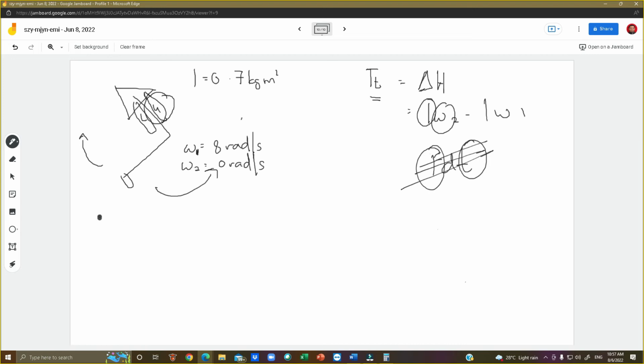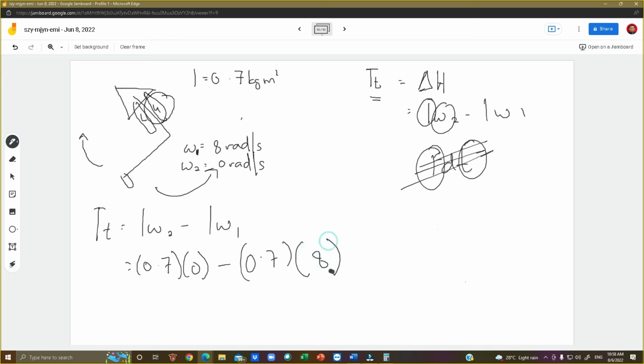So now we have angular impulse equals I omega 2 minus I omega 1, where I is 0.7, omega 2 is zero, minus I 0.7, omega 1 is 8. 0.7 times 0 is gone. 0.7 times 8 is 5.6, negative.